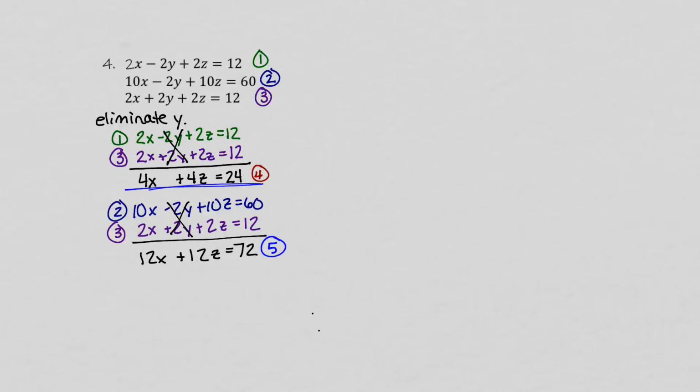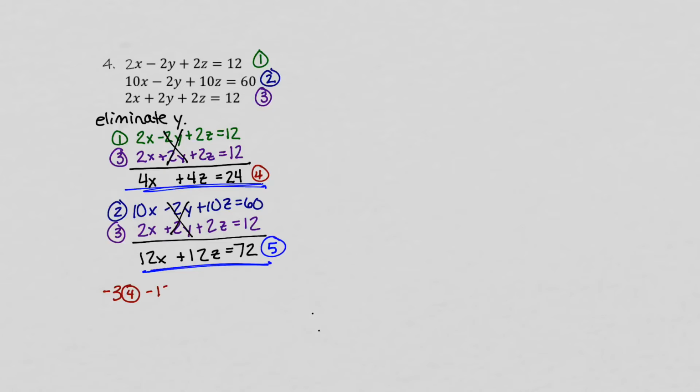So now I have equation 4 and equation 5. I need to eliminate either x or z. So let's just start with equation 4 and get rid of x's. So I need this 4x to be a negative 12, so it adds up with the positive 12 to be 0. So I'm going to multiply equation 4 by a negative 3.